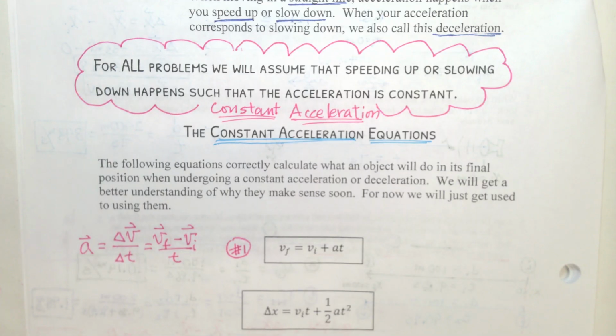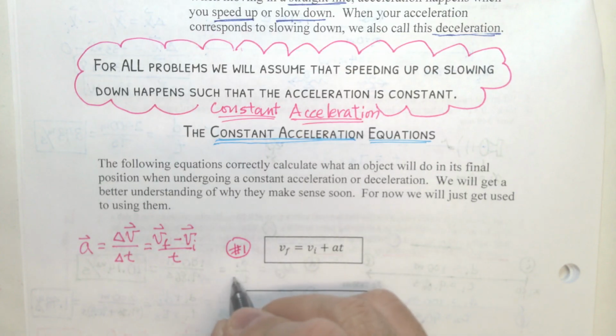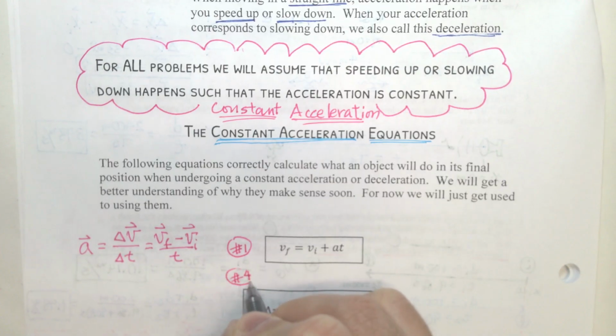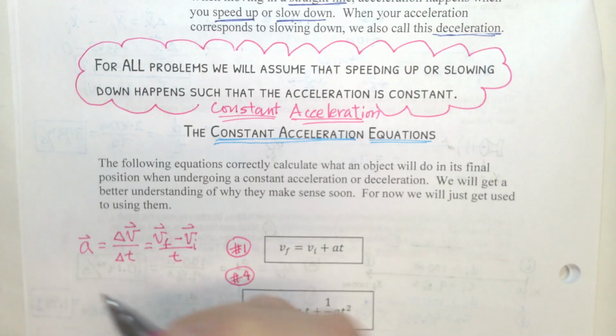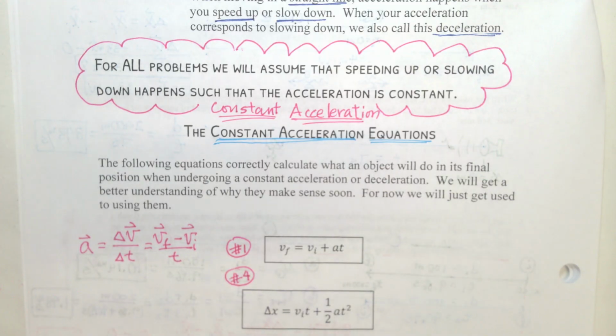Now, for some reason, they always miss this one, but I'm going to call that equation number 4, which is kind of trivial, but very important. If we have two velocities that are different, how can we find the average of those two velocities?